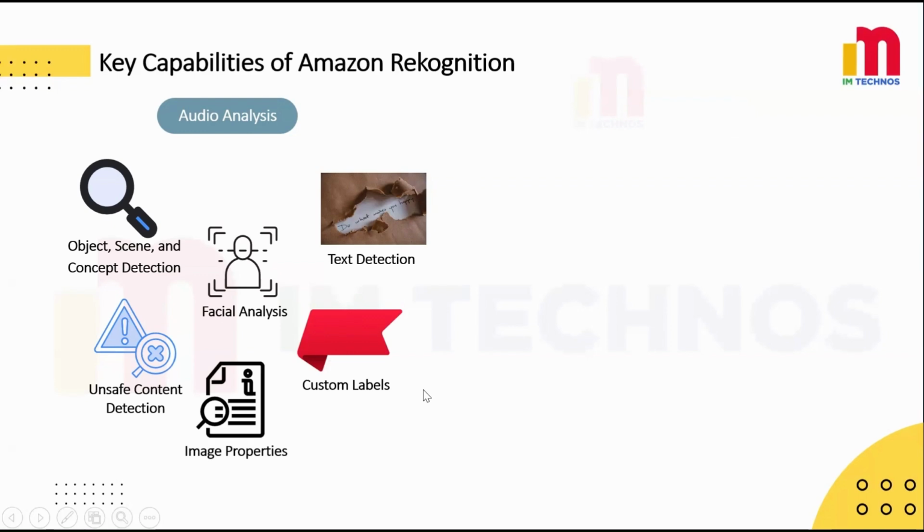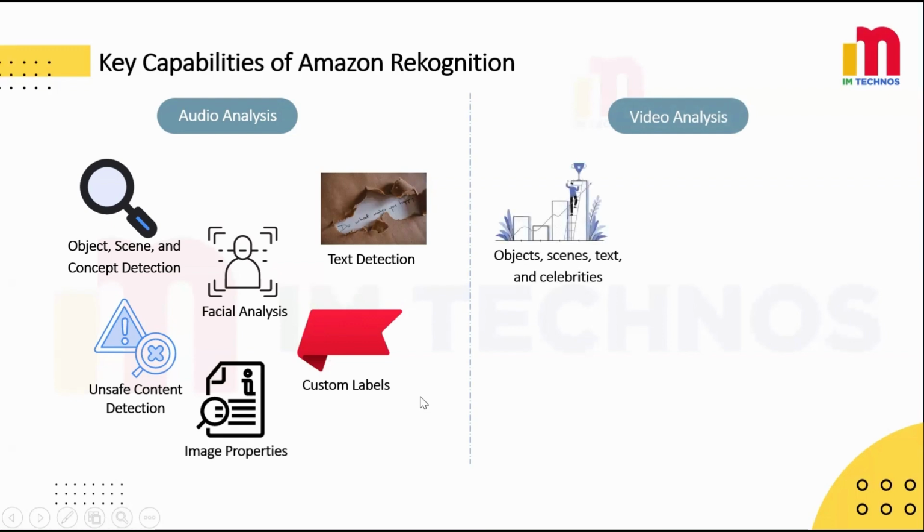And Rekognition doesn't stop at images. It brings the same intelligence to video with even more powerful features. It can detect objects, scenes, text, and celebrities while the video is playing. It supports people pathing, which tracks the movement of individuals across video frames, useful in retail, security, or analytics. You also get facial analysis for both stored images and live streaming feeds.